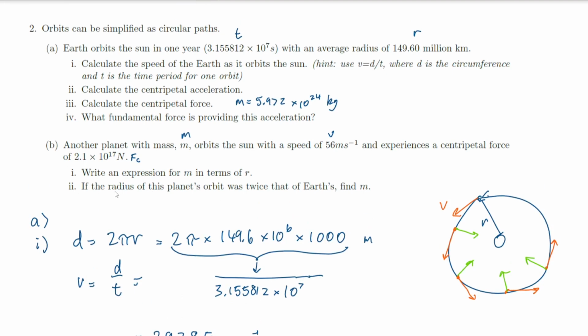Now part 2, if the radius of this planet's orbit was twice that of Earth's, find the mass. So we were given the radius of Earth's orbit, so we can double it and then use our expression to find the mass.